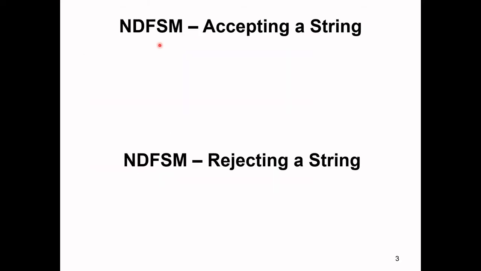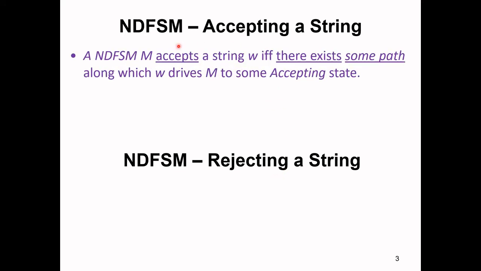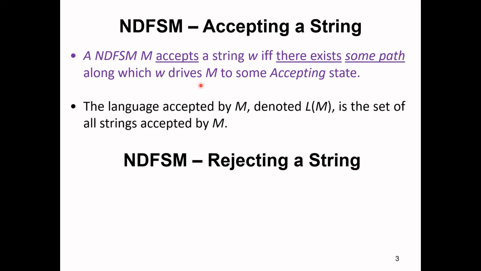Let us see when an NDFSM accepts a string or rejects a string. An NDFSM M accepts a string W if and only if there exists some path along which W drives M to some accepting state.